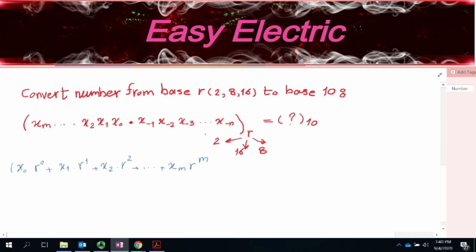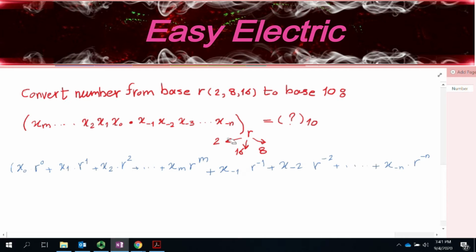For the right side, you say plus, and you do almost a similar thing. The first digit on the right side of the point should be times r power -1, plus x-2 times r power -2, and you could have the last one, which is x-n times r power -n.